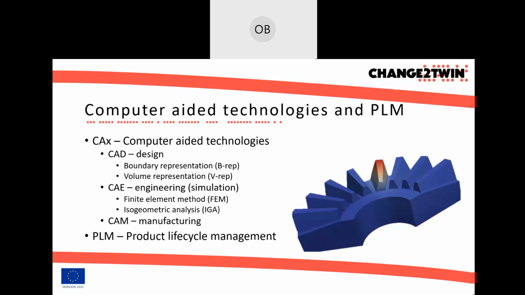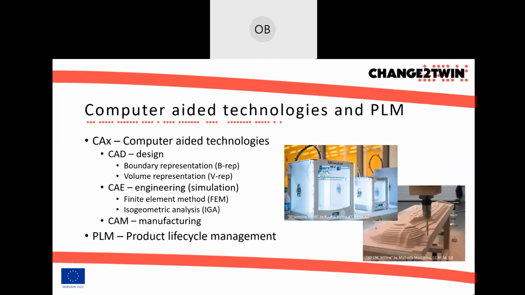The final of the three computer-aided technologies is CAM, computer-aided manufacturing. This is where the geometric model is converted into machine instructions that determine how to manufacture the object. This is either with a subtractive approach like milling, or with an additive approach such as 3D printing.